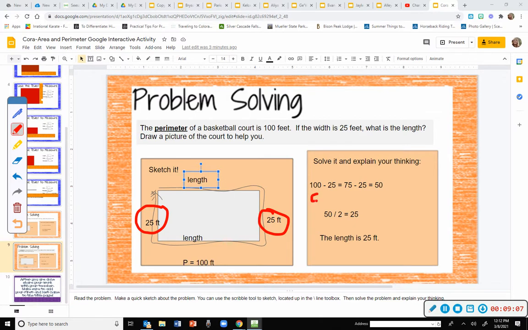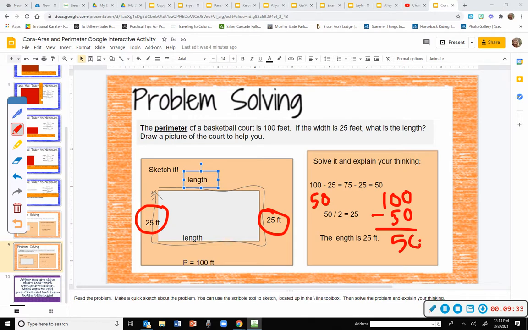Good. 50. Okay. Next, what would we do? Subtract. So, Javea, what am I going to subtract? So we would do 100, because that's the perimeter, minus 50, which equals what?